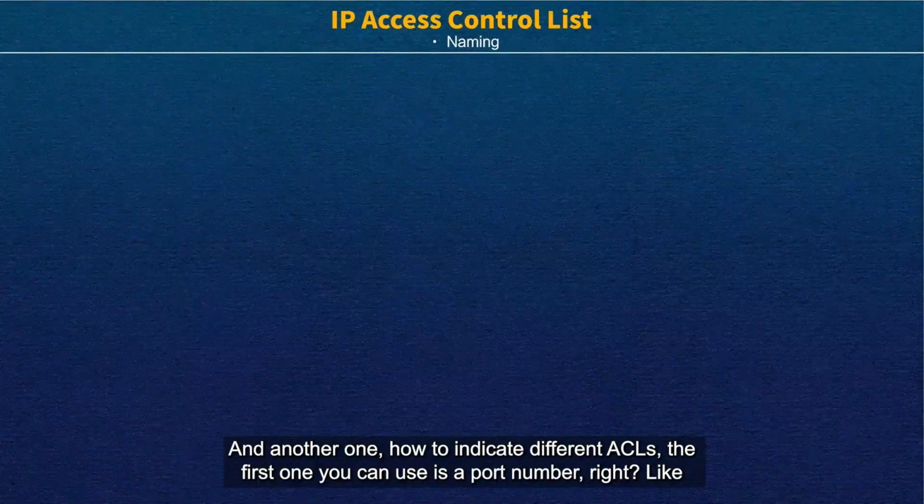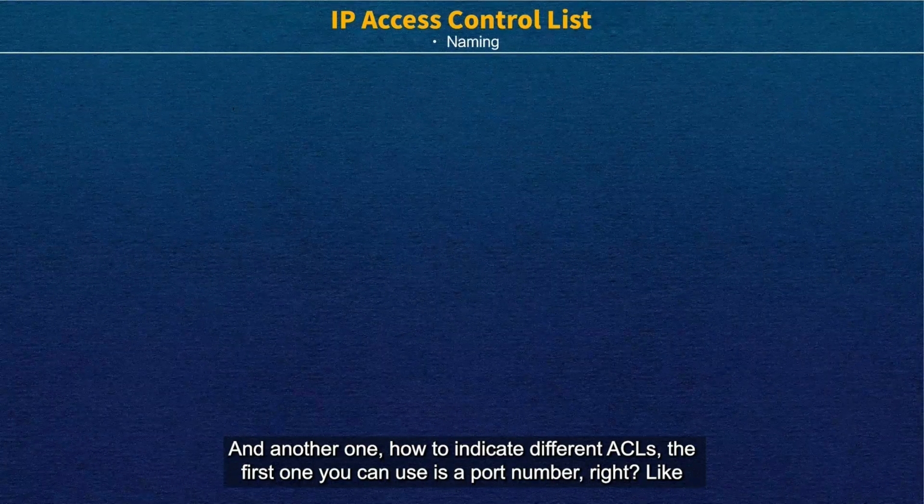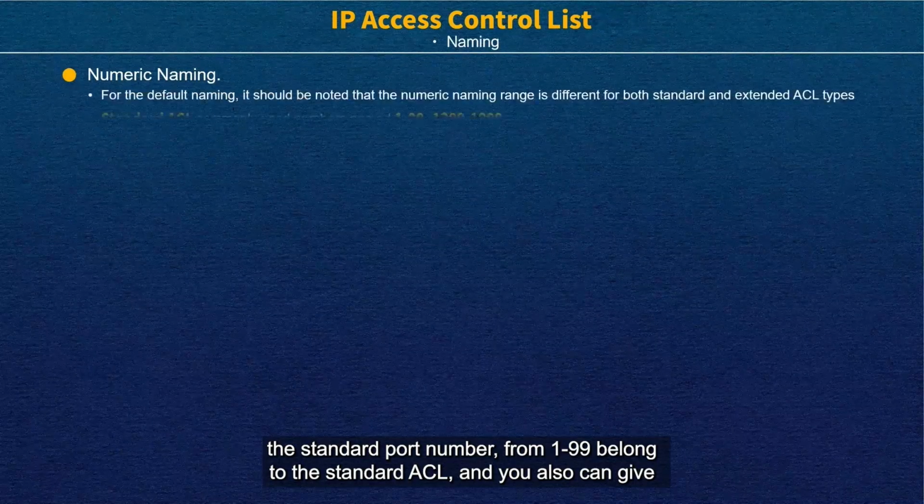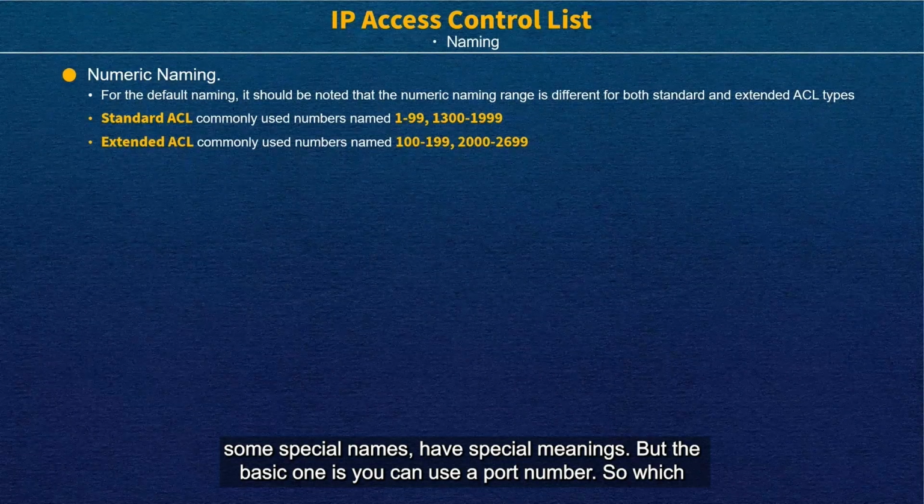And another point: how to indicate different ACLs. The first way you can use is a number, like the standard numbers from 1 to 99 belonging to the standard ACL. And you also can give some special name that has special meaning. But the basic one is the number.